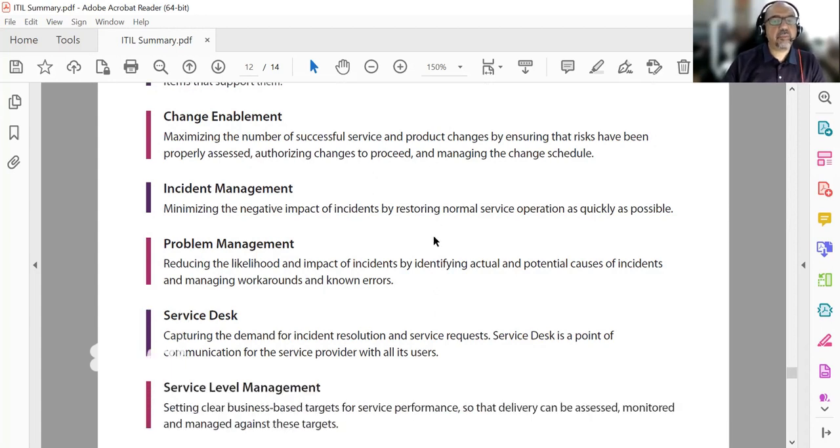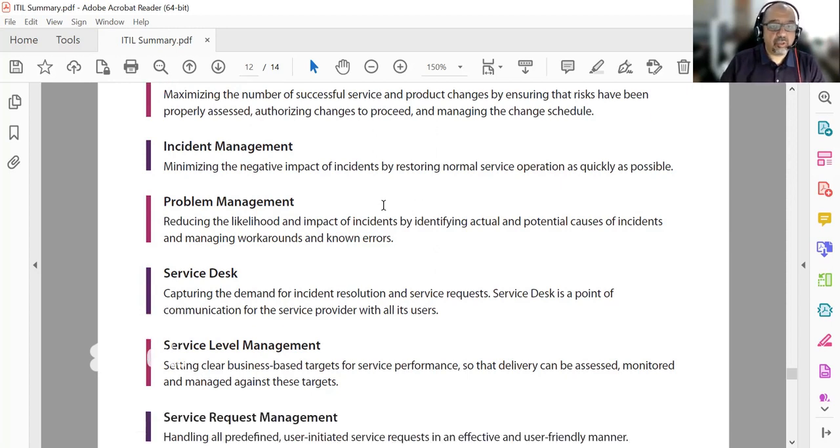We have incident management. So here we minimize the negative impact of incidents, and we are trying to restore the normal service operation as soon as possible. If we don't know the root cause of the incident, or we have multiple incidents happening, so this could be escalated to problem management. And here we need to reduce this likelihood of incidents in the future and the current one.